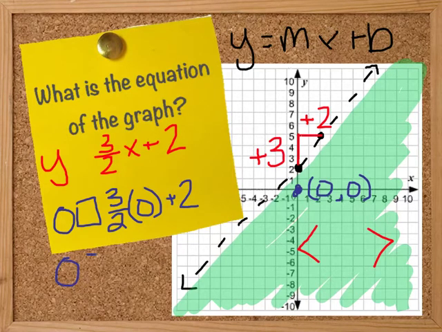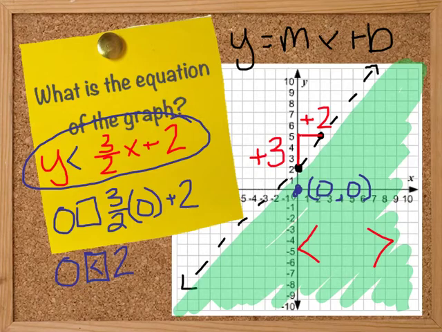So 0 is something to 2. I know for a fact 0 is less than 2. So that means in order for that statement to be true, I need that sign to be less than. And this will be our final answer.